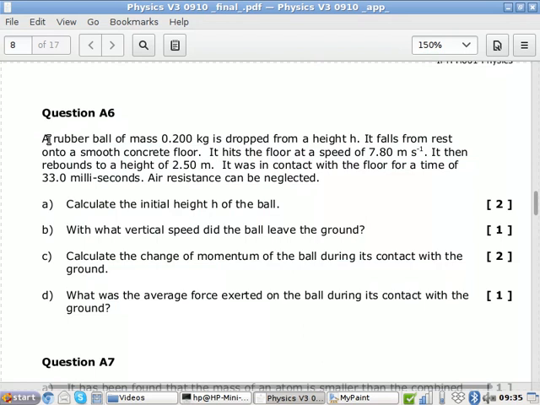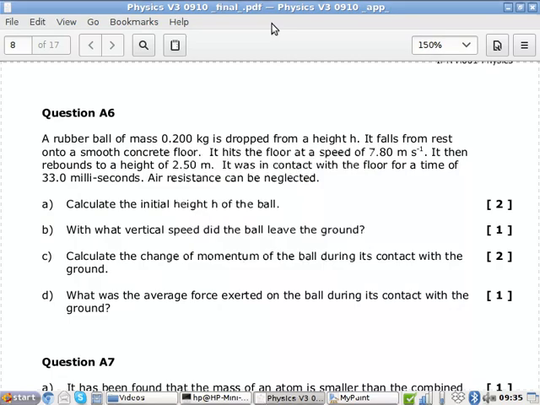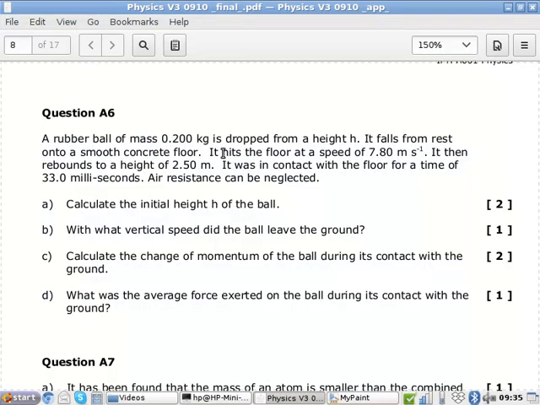Right. A6. A rubber ball of mass 0.2 kilograms is dropped from a height h. It hits the floor with a speed of 7.8 meters per second. It then rebounds to a height of 2.5 meters.